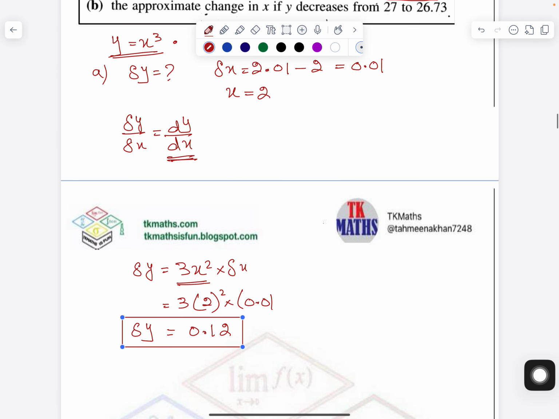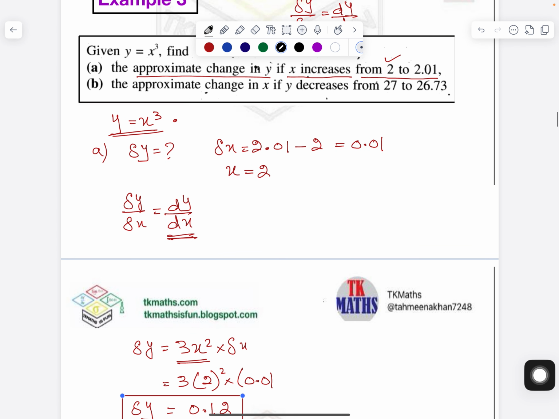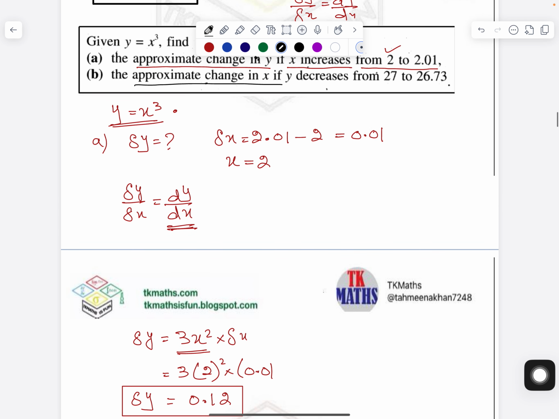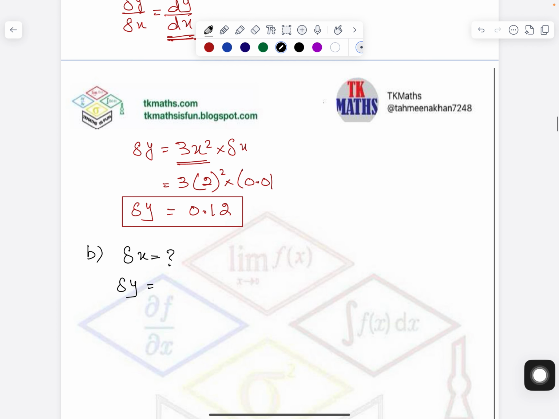Now let's do part 2. You can try it yourself. I'm solving here. Now I have to find the approximate change in x. So if I see in part B, I have to find out delta x, right? This I have to find out, and y is changing from 27 to 26.73. So 26.73 minus 27.